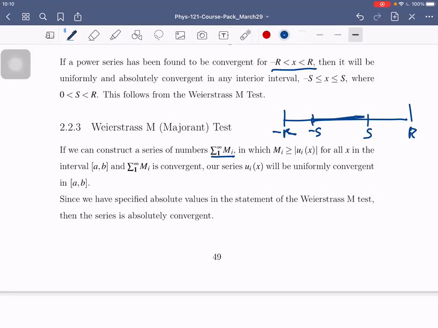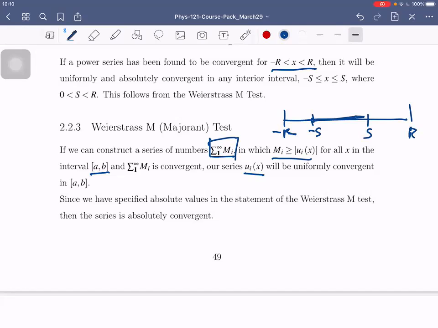And if you compare yung mga terms, let's say M sub i is greater than or equal to the absolute value of u sub i of x for all x in this interval. Okay? And kung convergent yung series of numbers natin, then uniformly convergent yung u sub i natin in the same interval. Okay? Huwag kayo malilito, no? Medyo wordy kasi kapag mga mathematical definition. Kaya pwede natin maipakita rin sa mga examples, right?